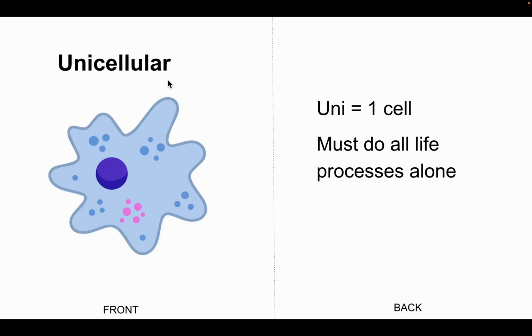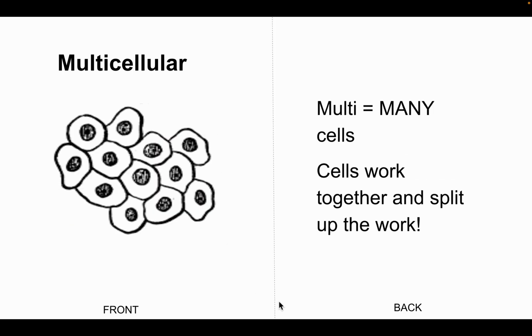Next, unicellular. Unicellular, one cell. Uni means one. Unicellular cells must do all life processes alone. This cell has to do everything to stay alive. Multicellular. Oh, so there are 5 cards today.